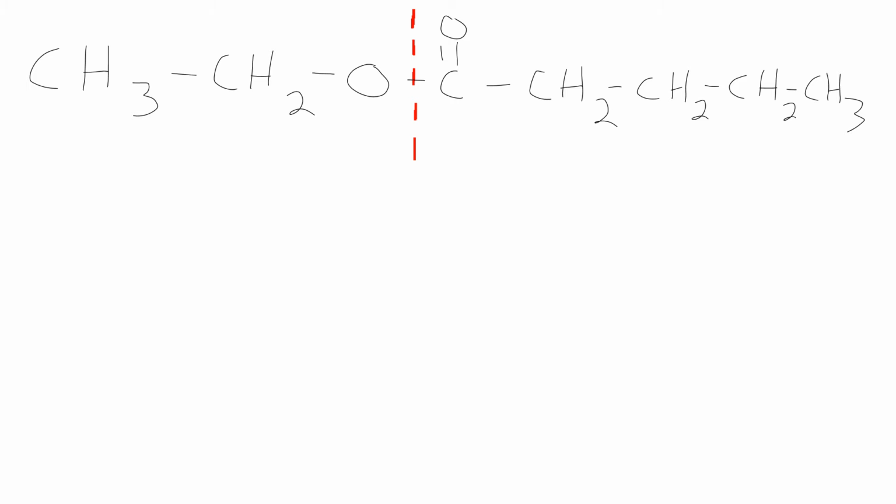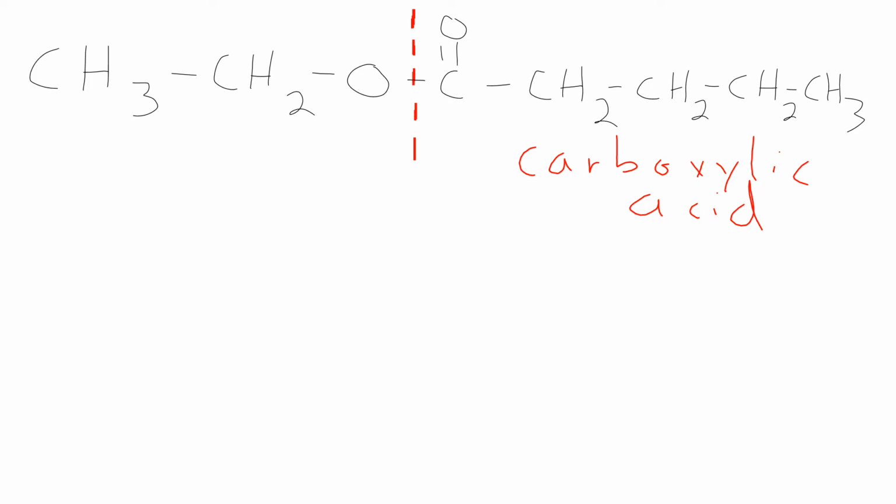Remember, we're looking to find a carboxylic acid piece and an alcohol piece. Well, you can see the pieces now that we've split the molecule at this point. The side with the C double bond O is going to be that carboxylic acid piece of the molecule.